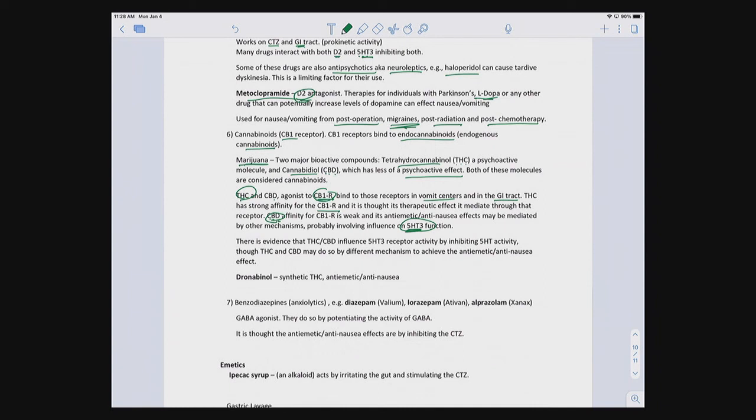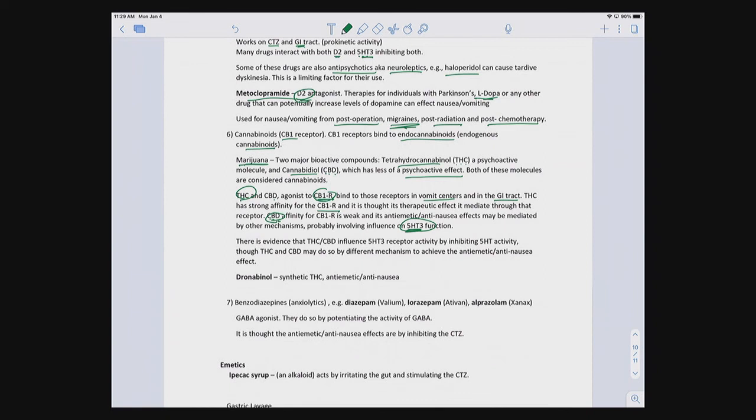The research seems to suggest that at low doses, marijuana seems helpful for anti-nausea, but at higher doses, it seems to promote emesis. So dosing tends to be critical. Simply smoking marijuana is probably not the best approach to getting this drug in you to have the therapeutic effect that you would want.